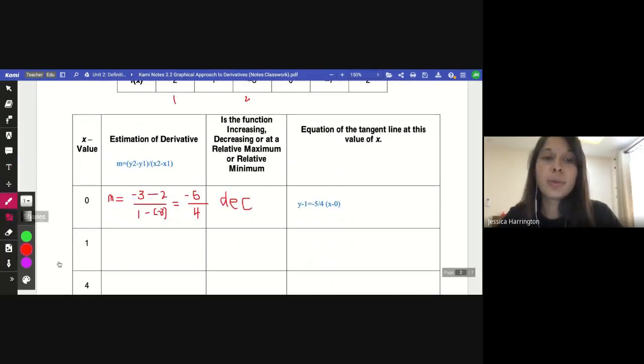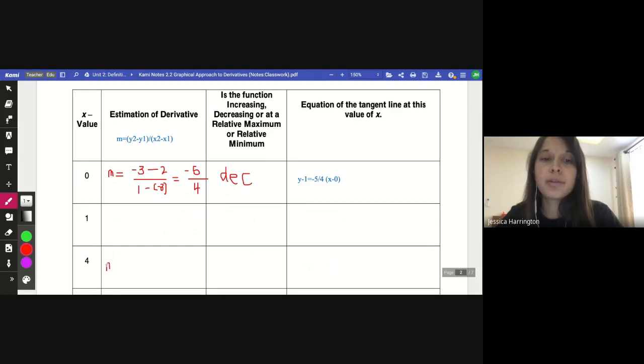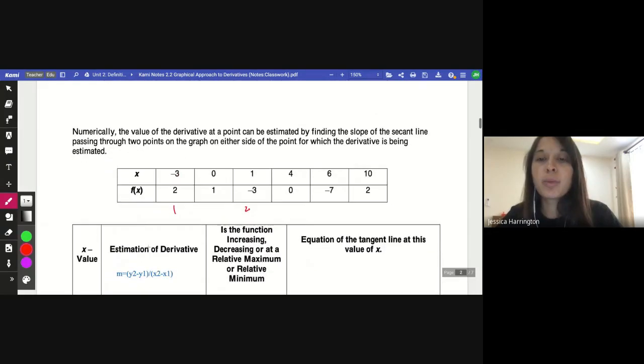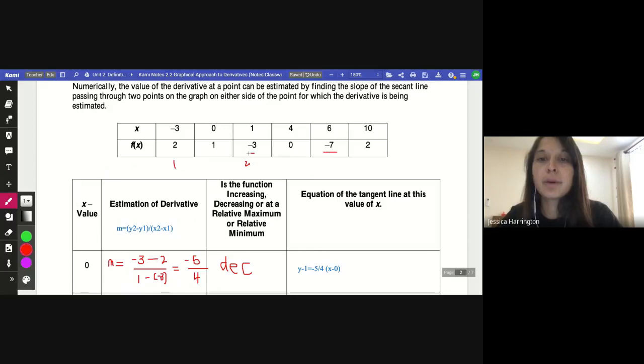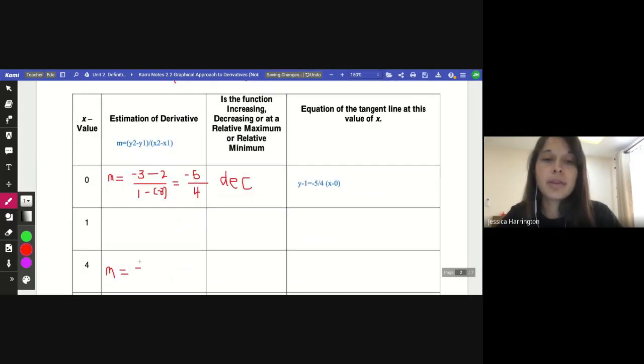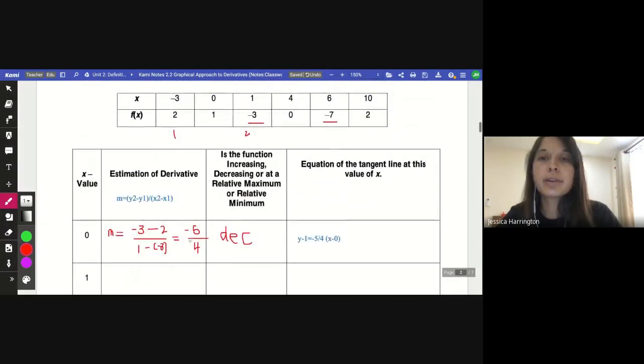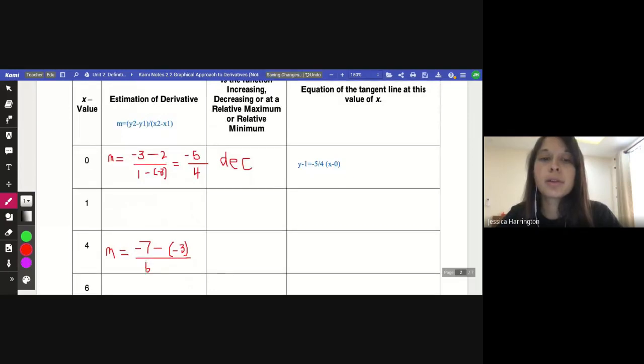So finding the slope, y2 minus y1, that's -7 minus -3, over x2 minus x1. x2 is 6, x1 is 1, so over 6 minus 1. This comes out to -7 minus -3, same as adding the opposite, is -4, and then 6 minus 1 is 5. So there's what I think the slope is.